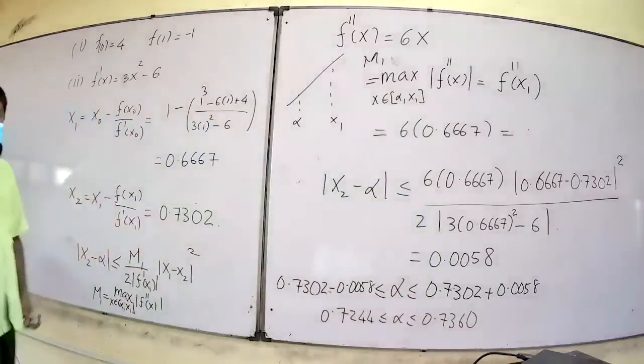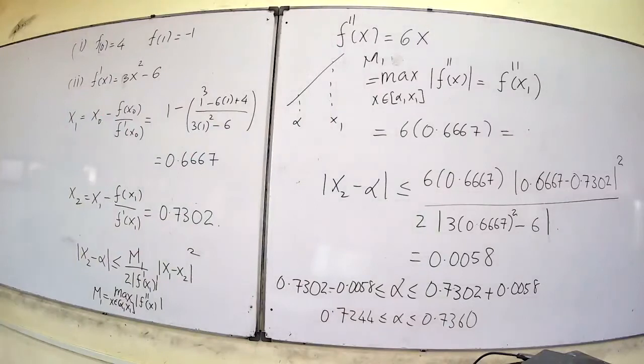Right, so that should be the small interval in which alpha is contained, when you are assuming x2 is the approximation. If you change x2 to x3, that might be a different value. Right, so that is how you do this posterior error bound computation and then get an approximation for alpha. So that's how we do this problem.